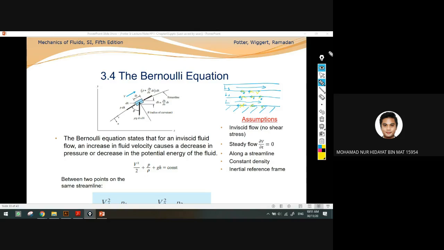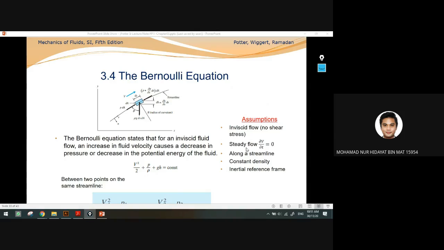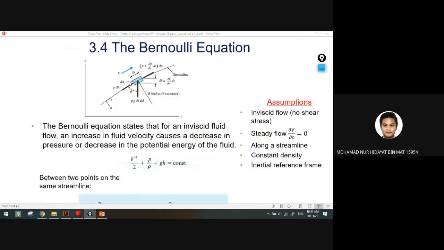The flow is steady, with no change of property over time along the streamline, constant density, which means it is incompressible, more on water, and inertial reference frames. So based on this, this is the fluid particle, and this is a flow field.